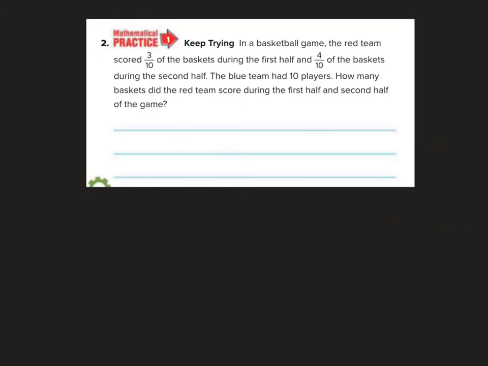All right, keep trying. In a basketball game, the red team scored 3/10 of the baskets during the first half and 4/10 of the baskets during the second half. The blue team had 10 players. Random. How many baskets did the red team score during the first and second half of the game? So, yeah, this was my guess. Random, 10 players. We don't care about that. Extra.